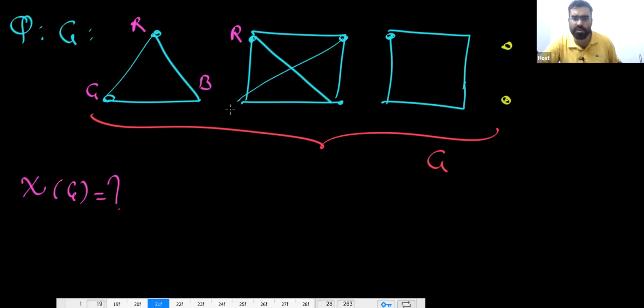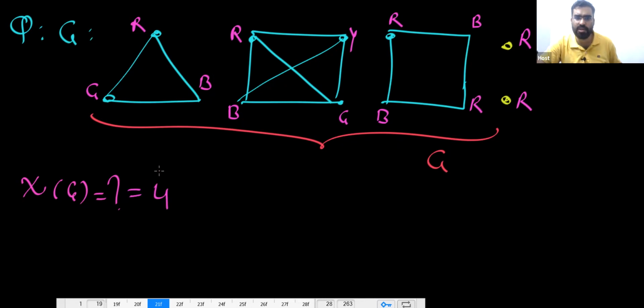I can use red here, black here, green here, yellow here. Again red here, black here, red here, black here. Again red here, red here. So ultimately the chromatic number is equal to 4.